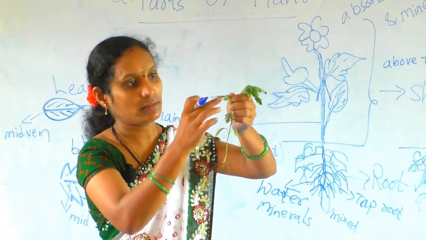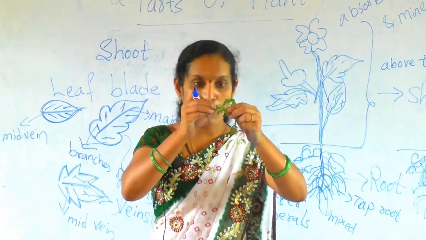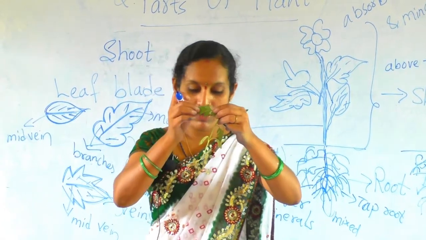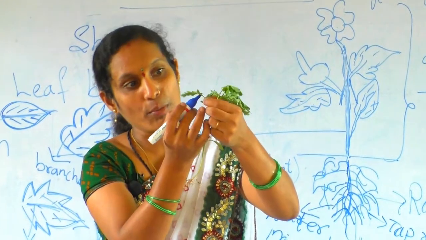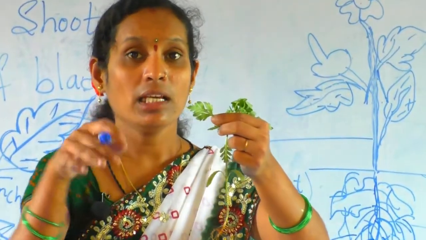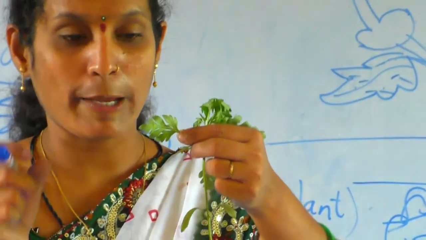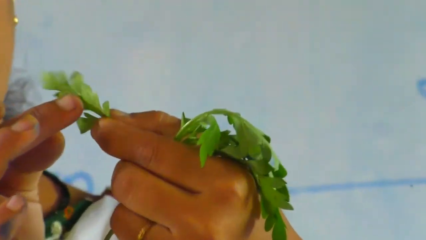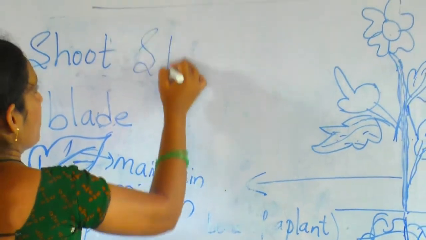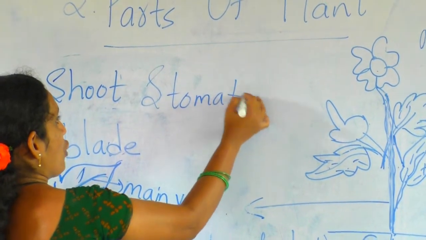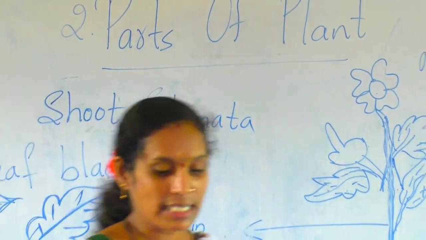Down means here. See, here are small openings on each leaf. We can't see them; we may see them in higher classes through the microscope, okay. These small parts are called the stomata. What do we call them?